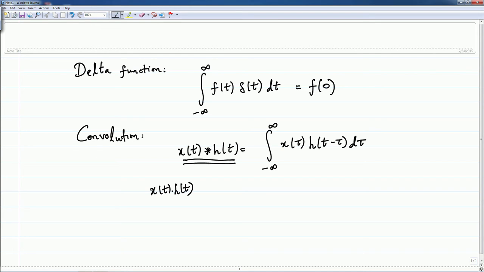It looks like you are using the values of x and h only for t, but that is not true. You are using the values for all t. You are treating this as a function of t, the full entire function of this. So, this star is more like an operator on functions. Okay, the entire function x of t is operated with the entire function h of t by convolution to get this answer. Okay. So, what you get here is also a function of t, right.